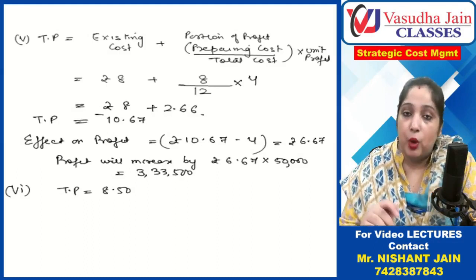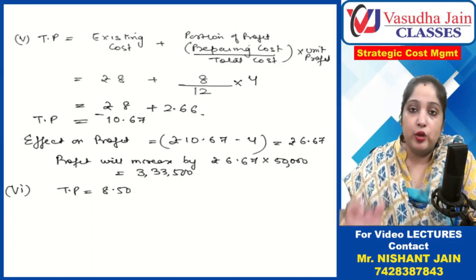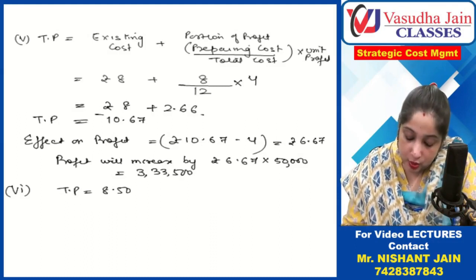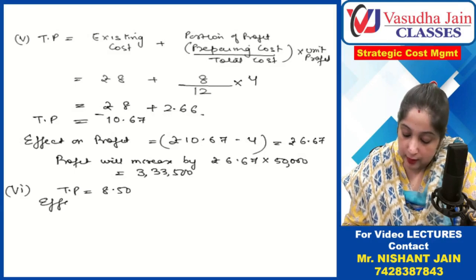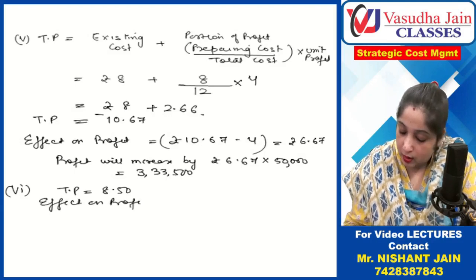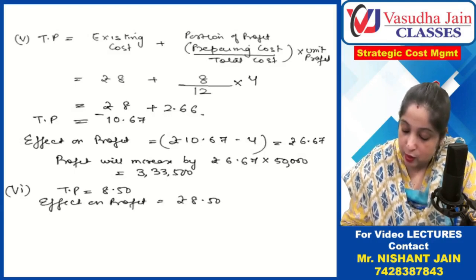Anything which you receive beyond 4 rupees is going to increase your profit, because that is your contribution. So how much is your increase in profit, the effect on profit? Rupees 8.50 minus 4 is rupees 4.50.